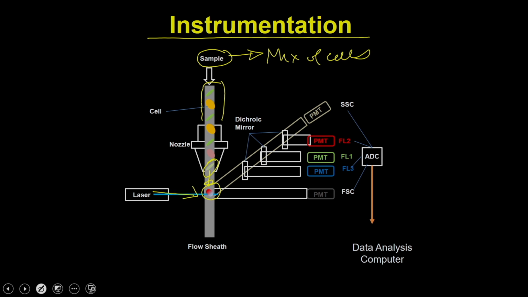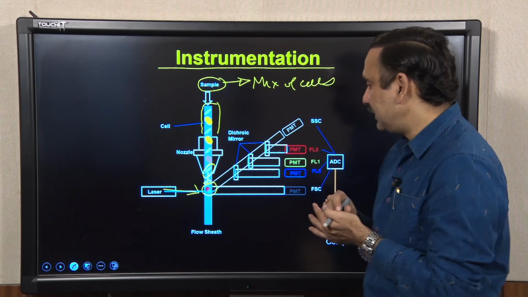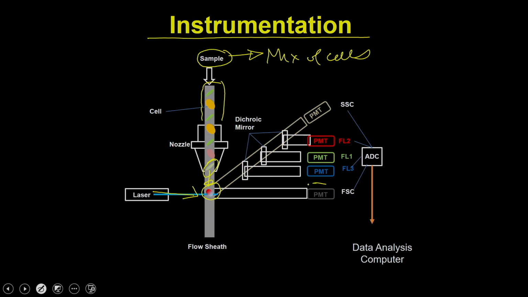Once the single cell is illuminated by the laser source, it gives a signal, and these signals can be detected by different types of detectors, whether it is the detector for forward scatter, the detector for side scatter, or the detectors for the different fluorescence channels, FL1, FL2 or FL3.